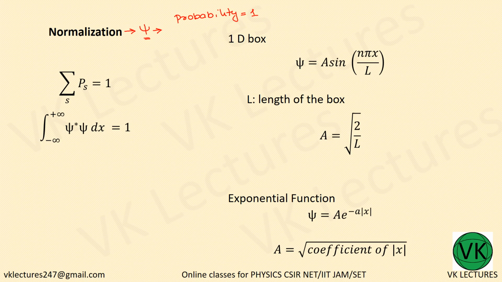Now the sum over s of ps should be equal to 1. That means the total probability should be equal to 1. That is, the integral from minus infinity to plus infinity of psi star psi dx should be equal to 1. This is in general.